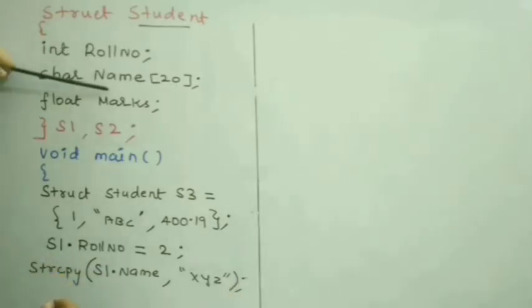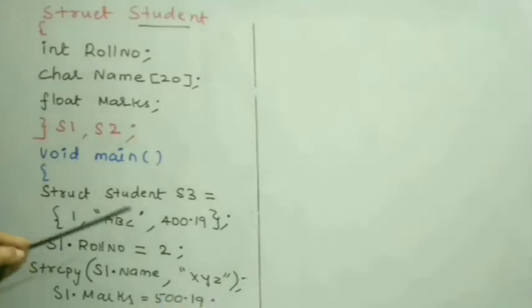If I want to assign value to the marks of s1, s1 dot marks equal to 500.19. So we may initialize value when it is declared, or else during the execution time I may initialize value for the variables.